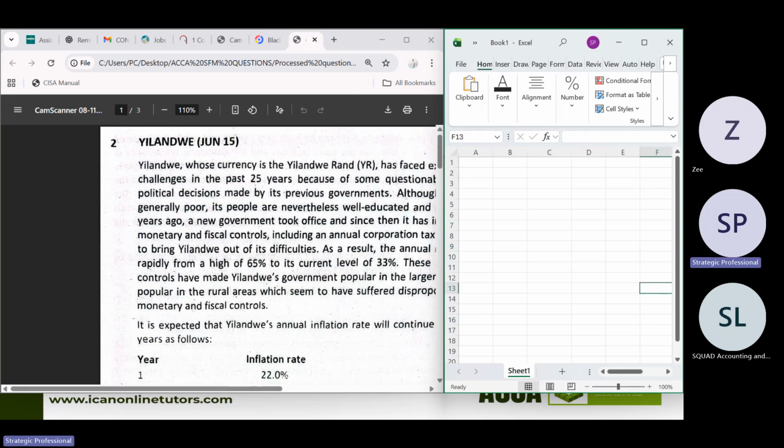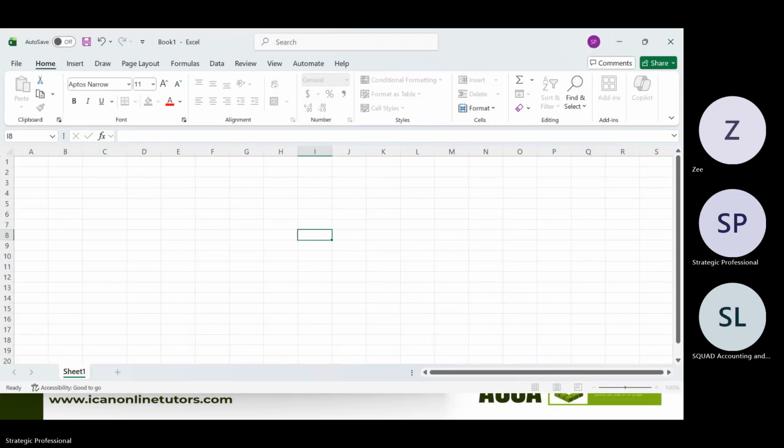All right, so let's start. My Excel is acting up. I can't see my mouse. I don't know why Excel has been acting up this way.